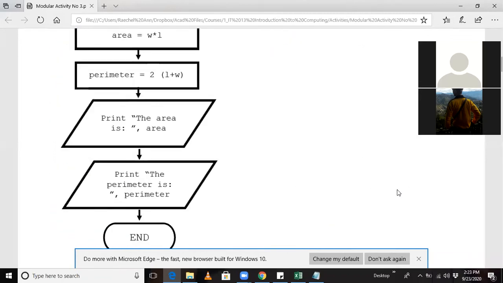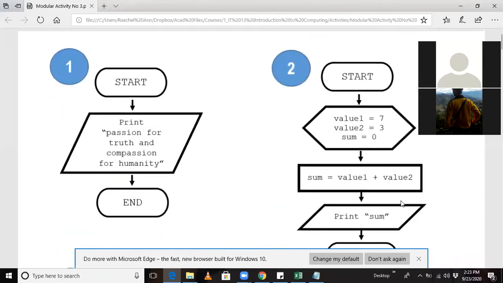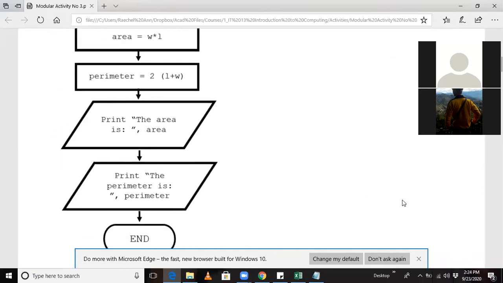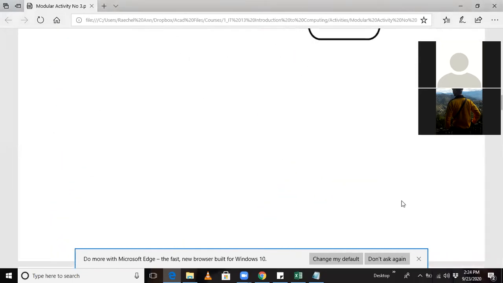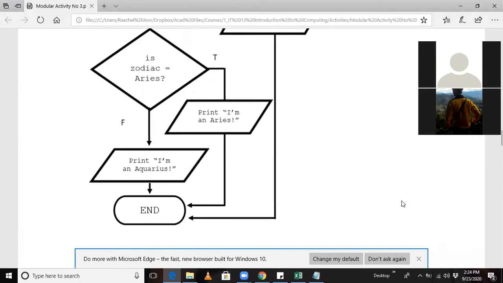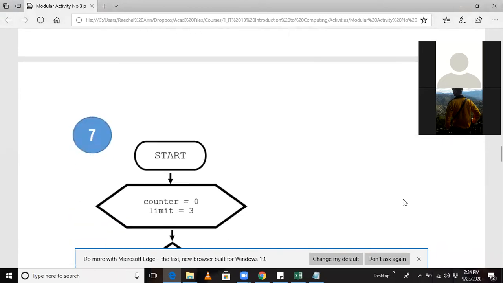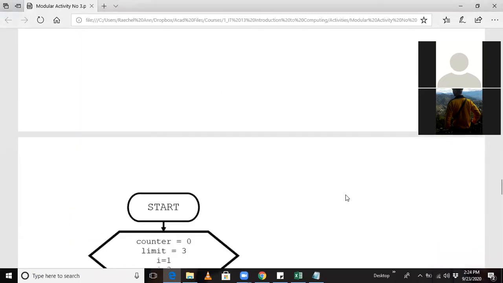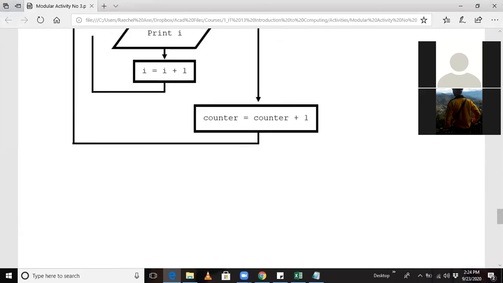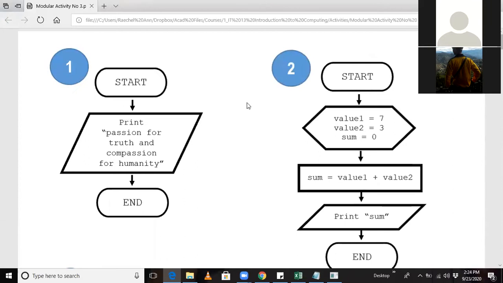The instruction is you convert the flow chart into a working program and also submit the output. Okay. So in this flow chart, for you to convert this one, I refer you to check chapter 3 and chapter 4 PDF.